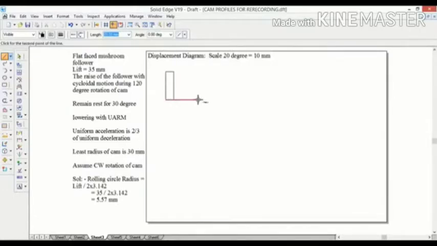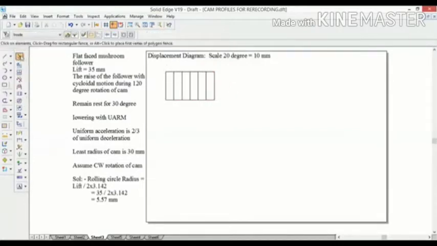I mean the length for 120 degree will be 60 mm. Then we divide this into 6 equal parts by taking 10 mm each. For every 10 mm we are taking one division. This is the final one.